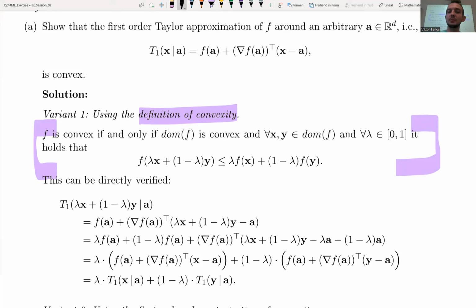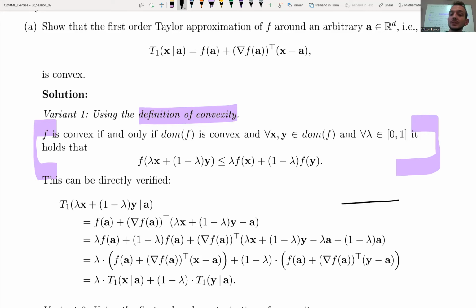Any two arbitrary points we pick from its domain and convexly combine with some convex combination weight lambda and 1 minus lambda. If we evaluate the convex combination with the function f, then this function value should be smaller than or equal to first evaluating the points x and y respectively with f, and then doing the convex combination with lambda.